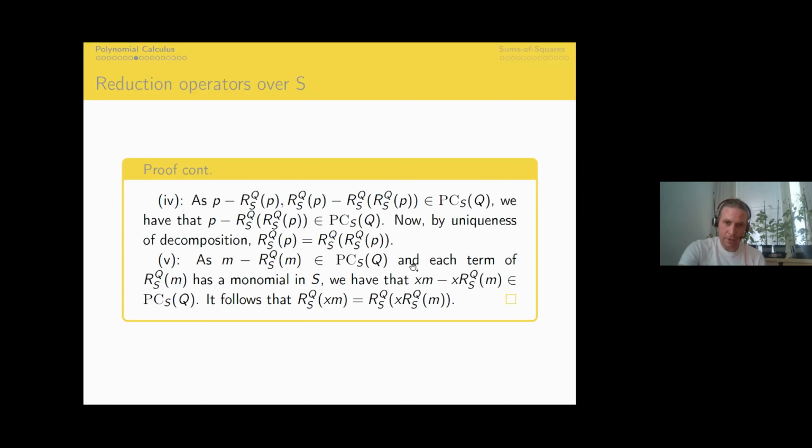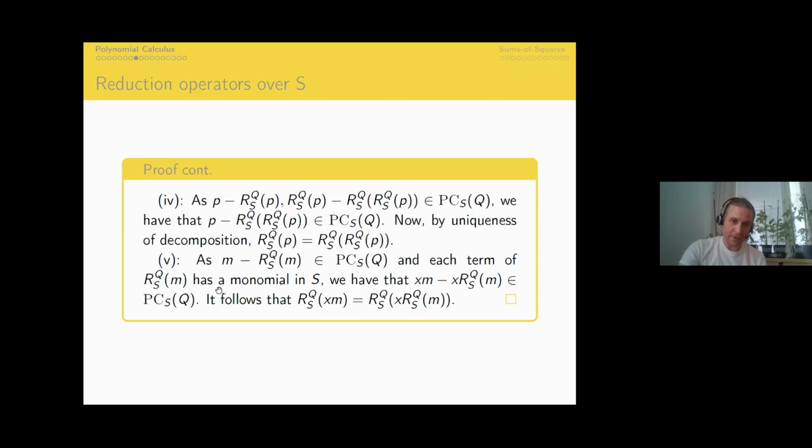And now each term of this Rs of M, by the moreover part of the decomposition lemma, basically comes before M in the ordering.